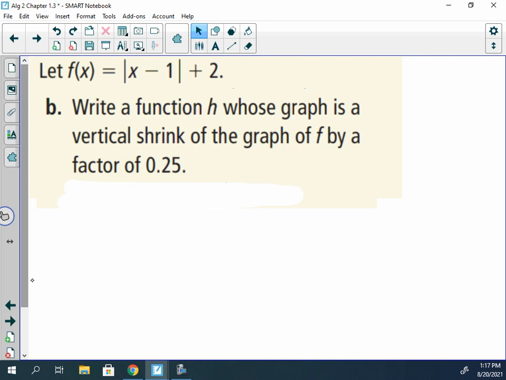Let's do one more with vertical stretch or shrink, so we've kind of seen both. And then there's one last type we're going to look at. Write a function, h of x, whose graph is a vertical shrink of the graph of f by a factor of 0.25.